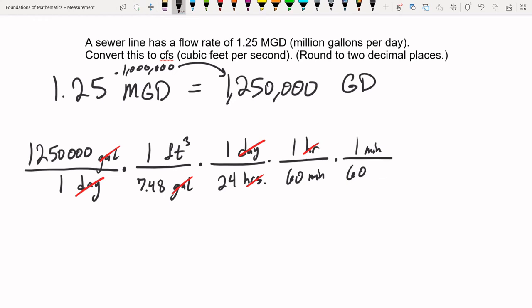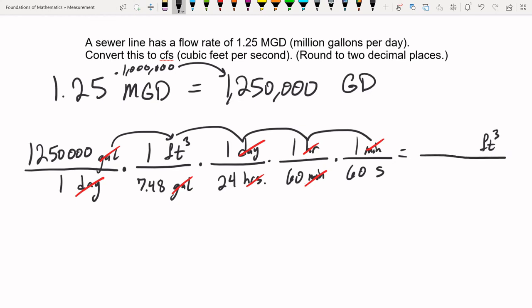Actually, it's just S. And the minutes cancel. And what do we have on top? We have feet cubed on top, and on bottom we have seconds. Feet cubed per second, that is cubic feet per second. So we have the correct units.